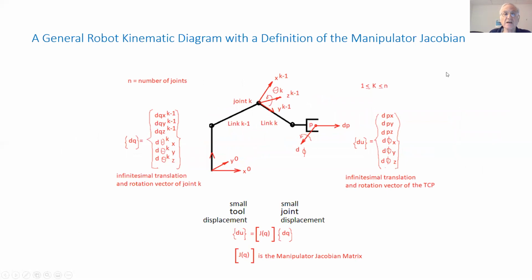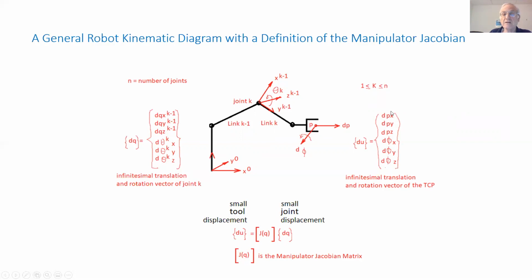Over here, we see an example of a general kinematic diagram of a robot where all the links and joints are expressed over here in a vector formulation. So the linear displacement at each and every joint is described here by a vector, dq, and the linear displacement at the end of the mechanism is described by another vector, which is p.